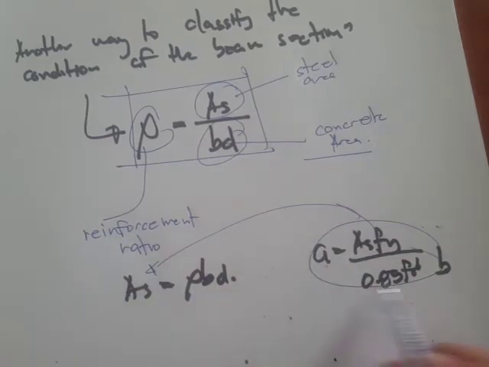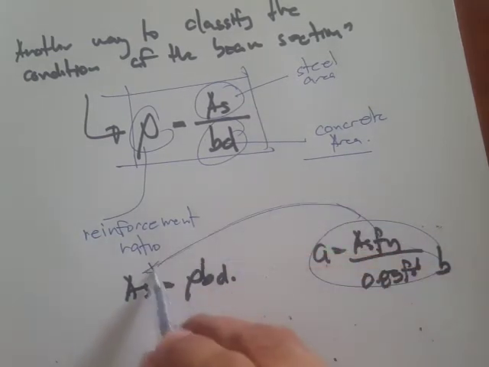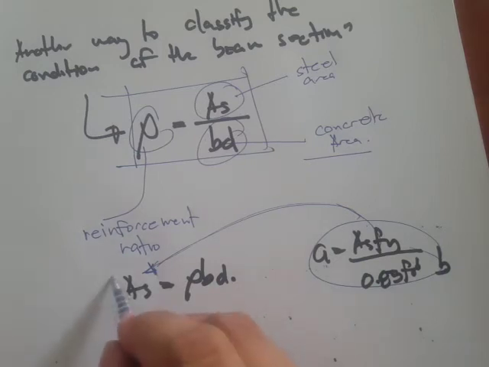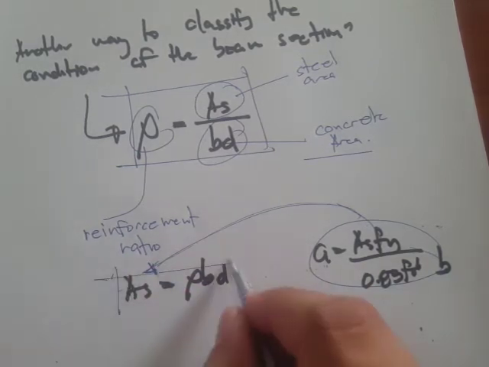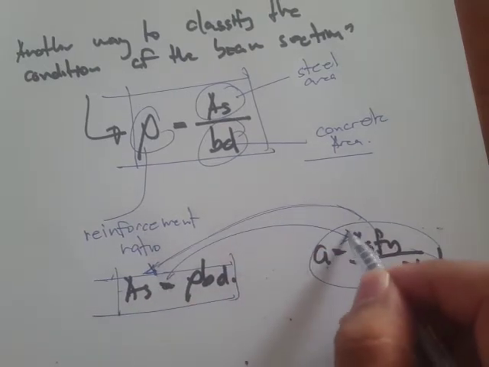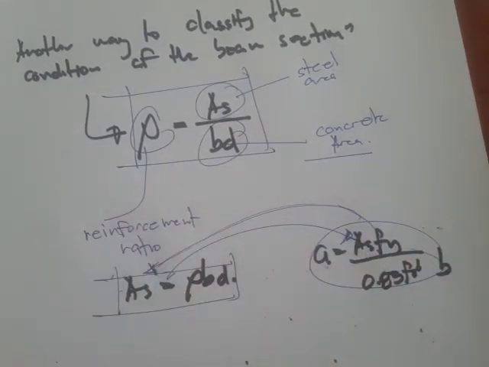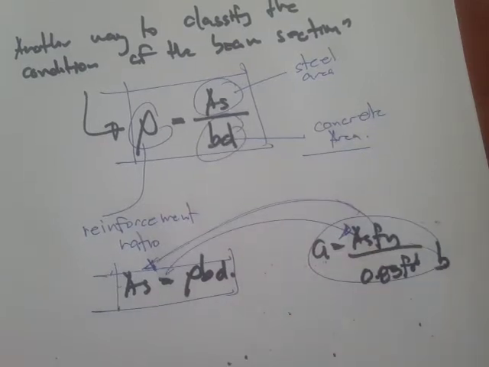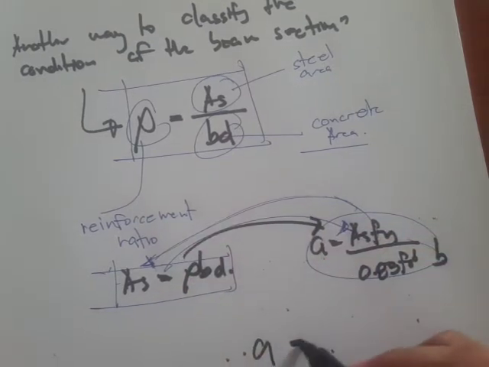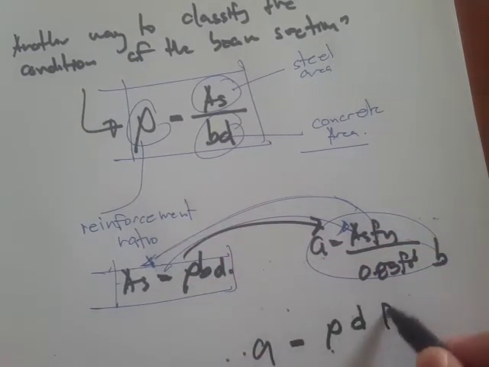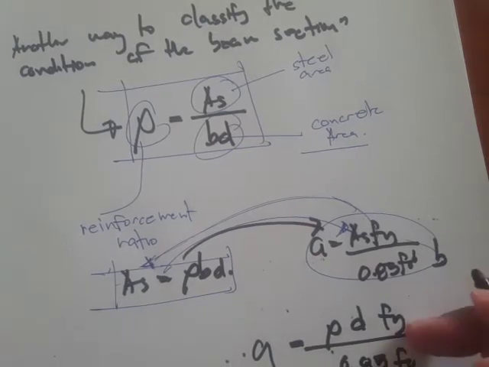If we rearrange this equation, we can substitute it here, or this one, we can substitute it here. Substituting, what we get for a is ρ d fy / (0.85 fc').